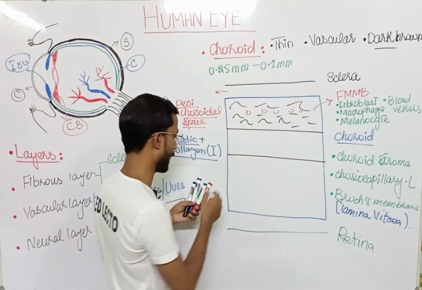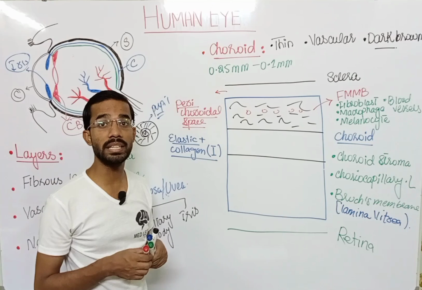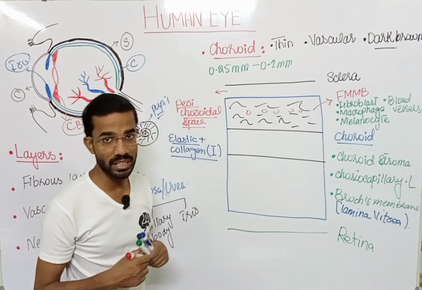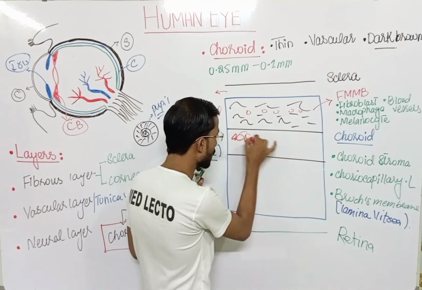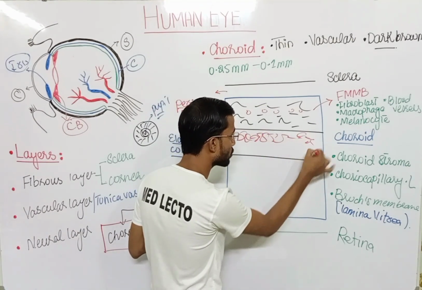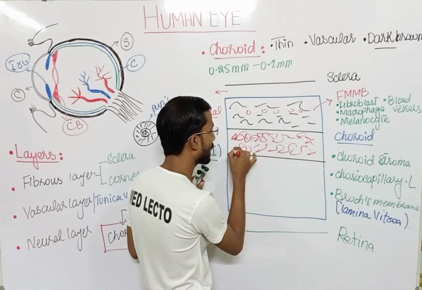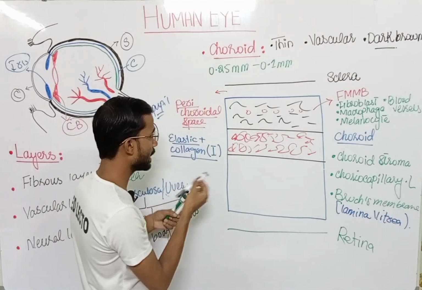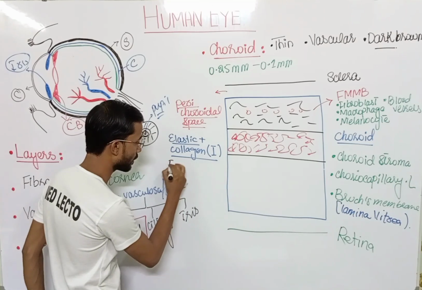So here is the choroid capillary. In this layer you will see the mesh or plexus of fenestrated capillaries.